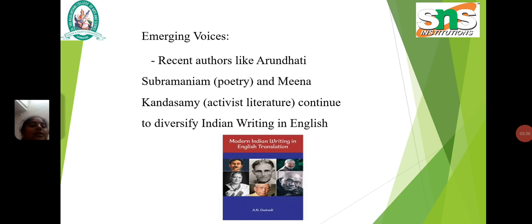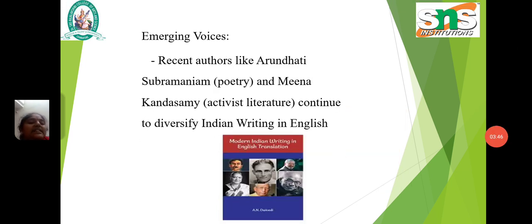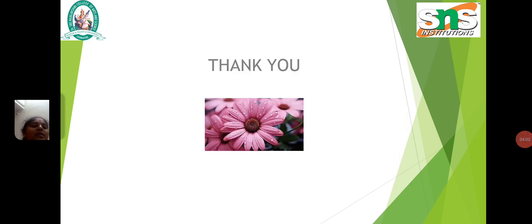Recent authors like Arundhathi Subramaniam, poetry, and Meena Kandasamy, activist literature, continue to diversify Indian writing in English. Indian writing in English is now a dynamic and essential part of global literature, reflecting the complex realities of India while showcasing the ability of the English language to adapt to the Indian context.